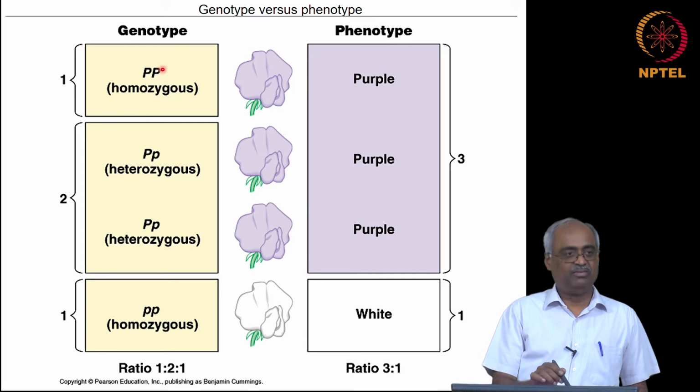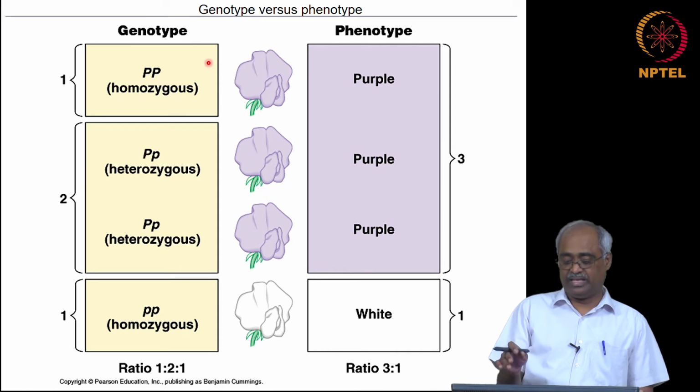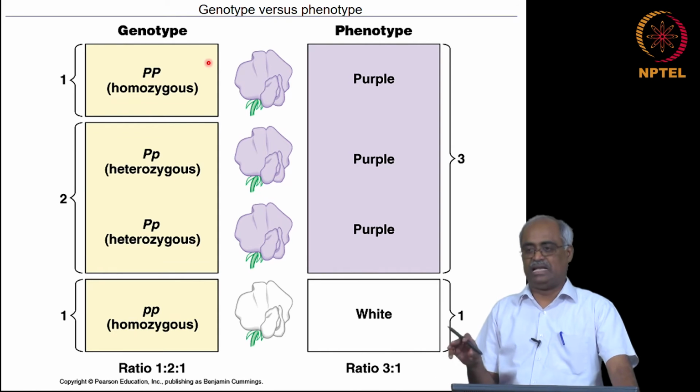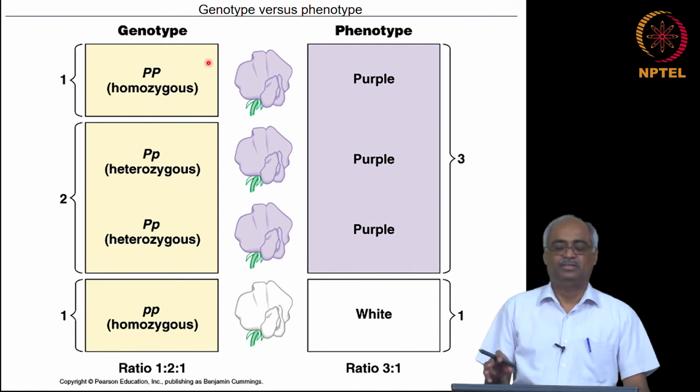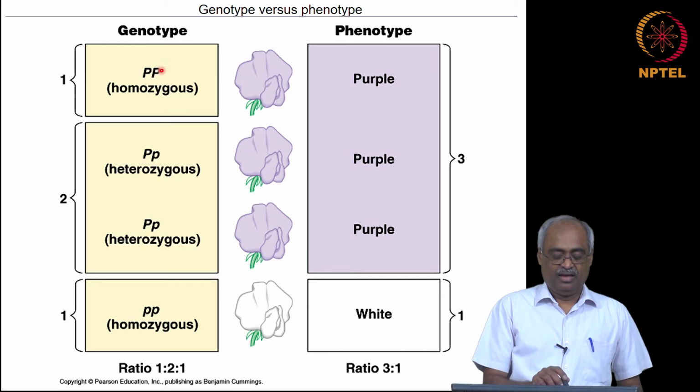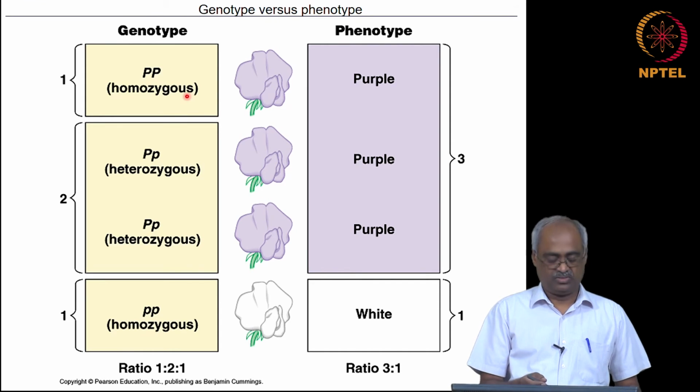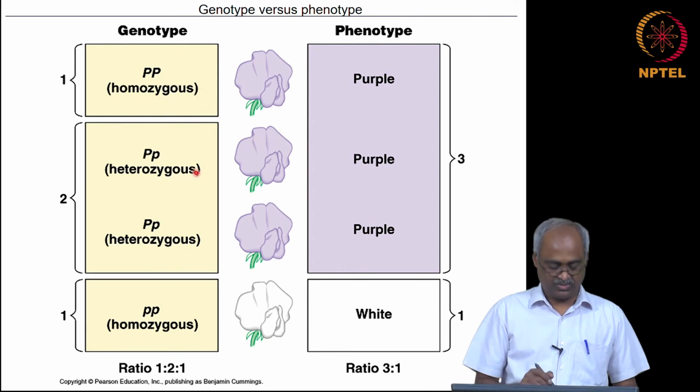When you have the same type, both alleles are identical, both the variants, and for the variants we use the word alleles. When both are identical, you call it homozygous. This is homozygous, this is homozygous, and when they are not, it is heterozygous. So, these are the new words here, homozygous, heterozygous.